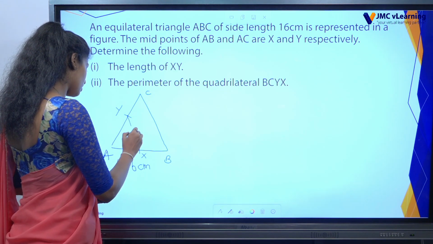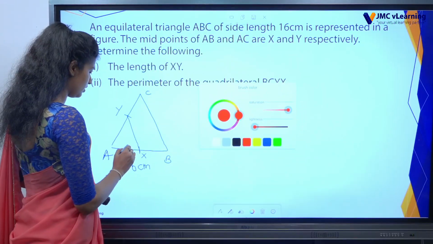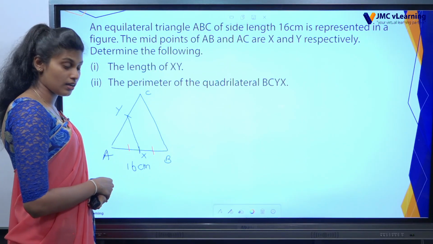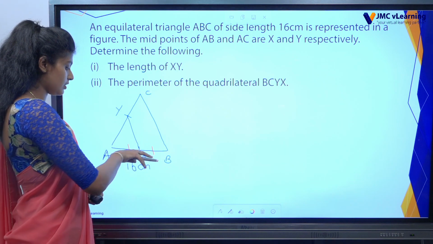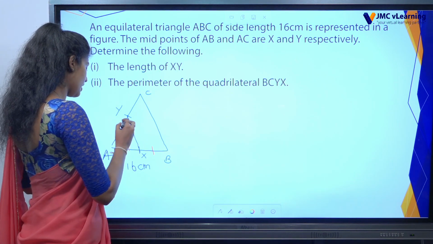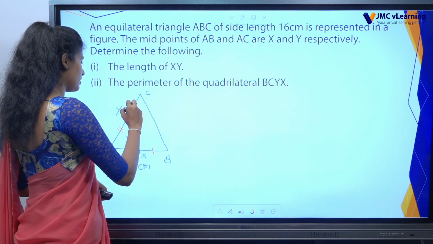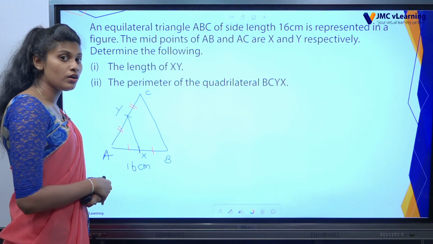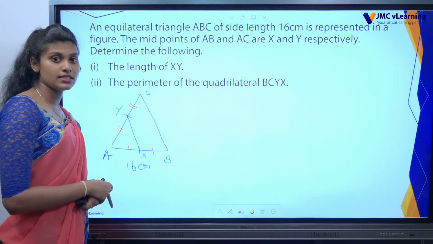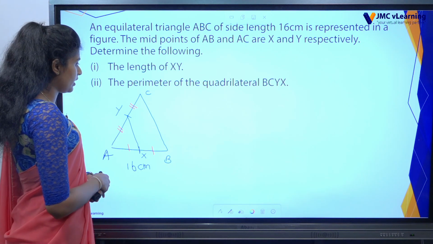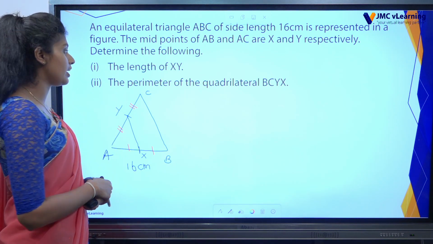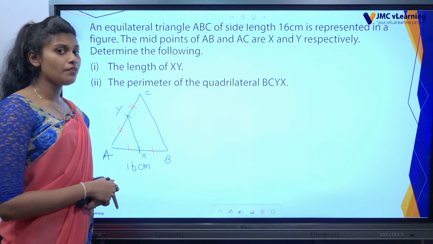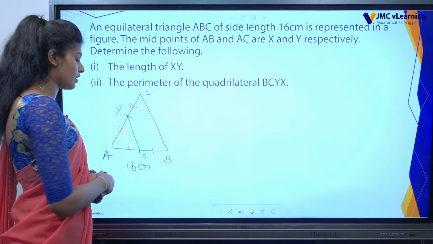When we mark XY, these two sides are equal to each other because X is a midpoint, and the lines AY and YC are also equal in length because Y is the midpoint. Now we have to find the length of XY.